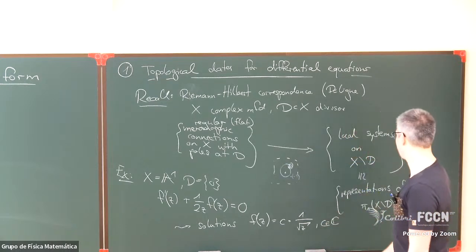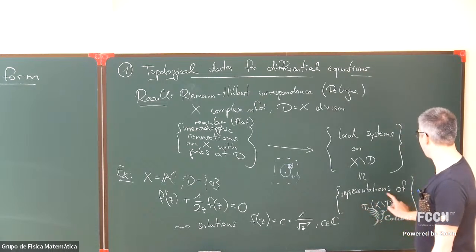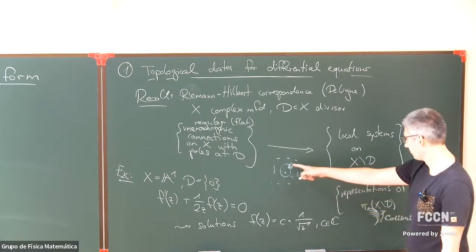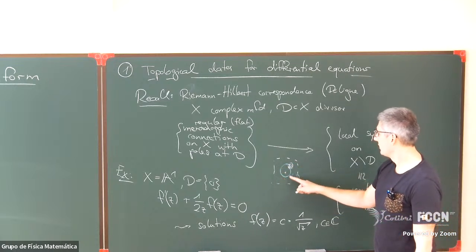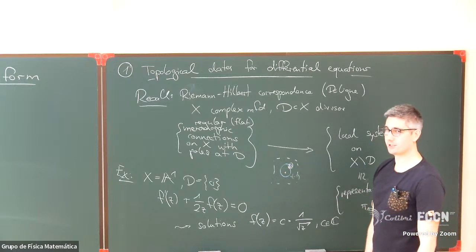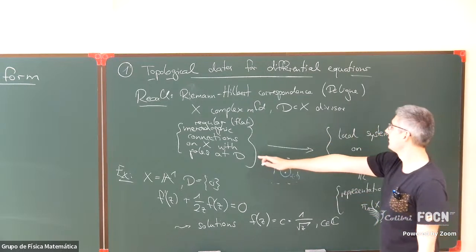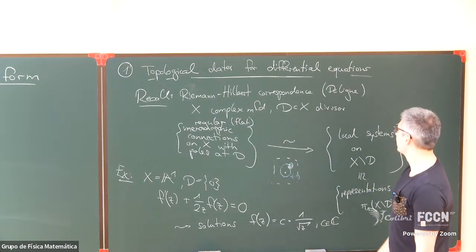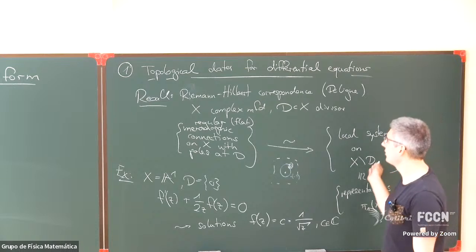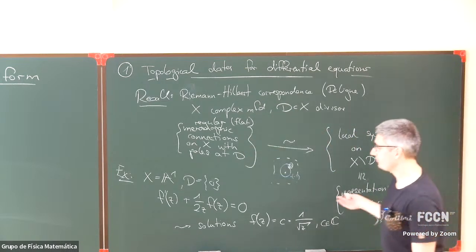So the data associated to this differential equation is the representation of pi1 of the punctured plane given by this generator of the fundamental group, which maps to multiplication by -1. So this is a local system, and Deligne showed that this is an equivalence. So these data determine uniquely, up to equivalence, a pure meromorphic connection.